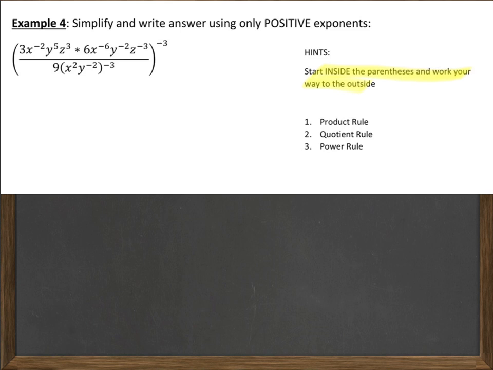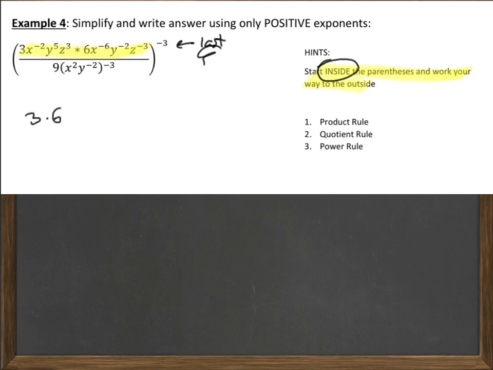So what we're going to do instead is start on the inside and work out. In other words, applying this negative 3 to everything is going to be the last thing we do, not the first thing we do. So the first thing I'm going to do is try to simplify everything inside the parentheses. My attention is being drawn to the numerator. As in previous examples, I could rearrange the numerator.